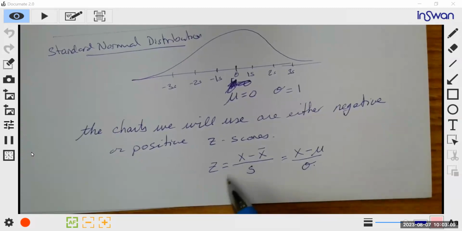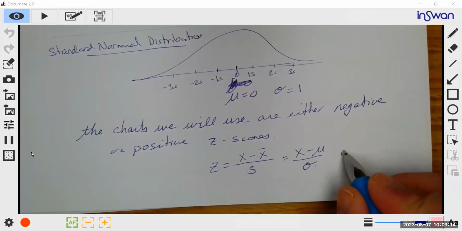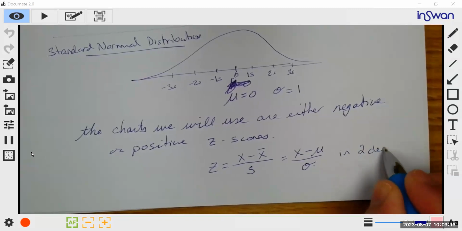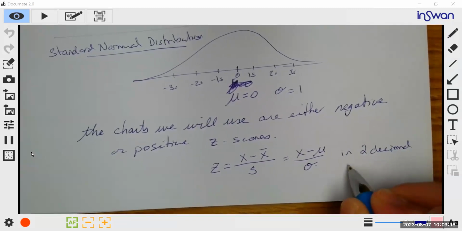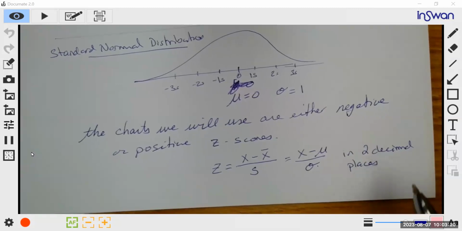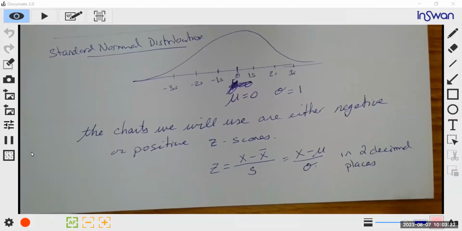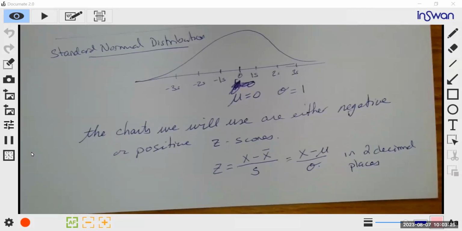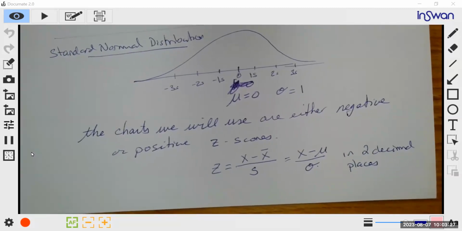Once we convert this to a z value, in 2 decimal places. Why do we want 2 decimal places? Because that's what our chart is defined as.